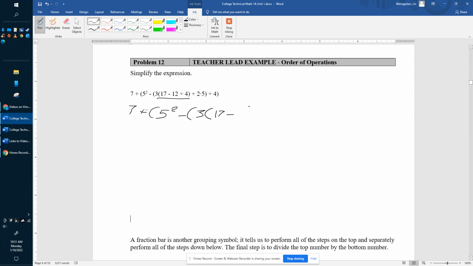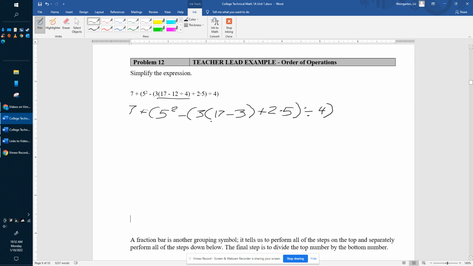Minus 12 divided by 4 is 3. Then we'll add everything to the back end, 2 times 5, divided by 4, and parentheses. Still pretty gross, but at least we got rid of that division.